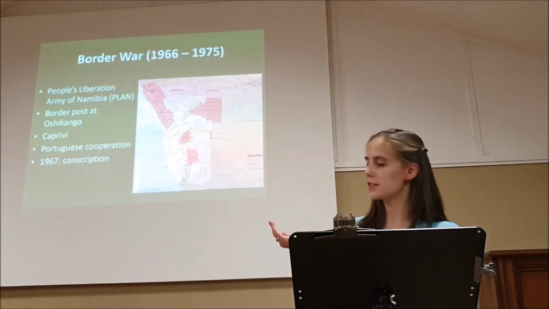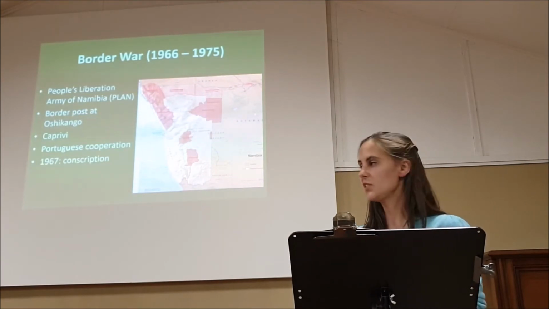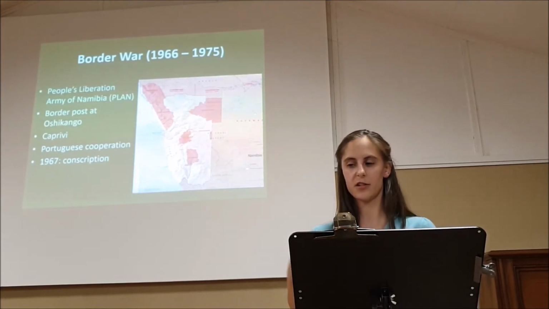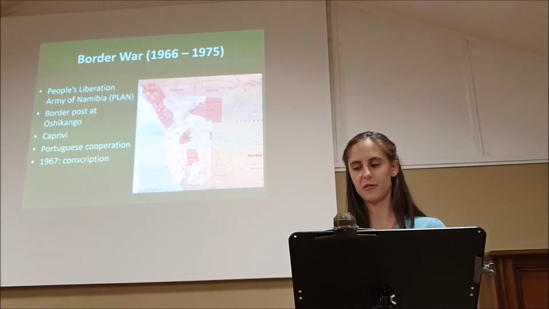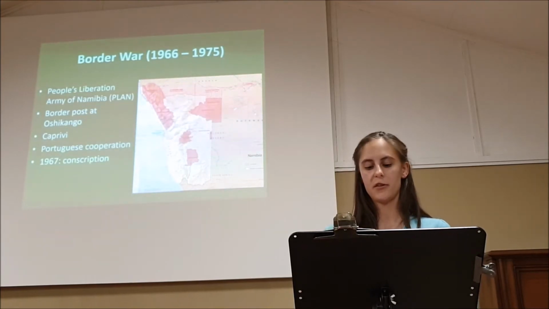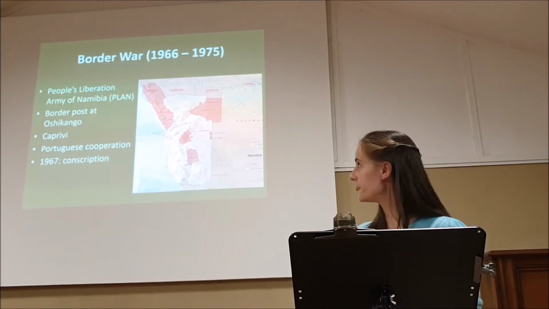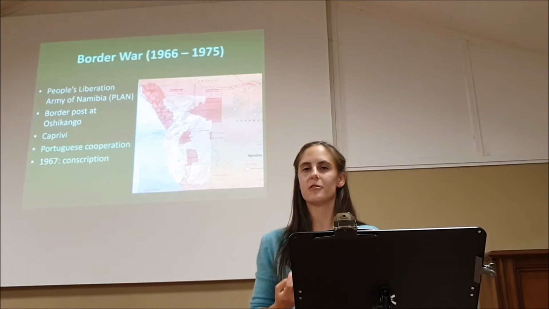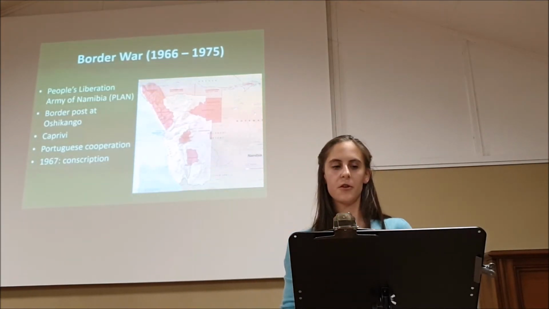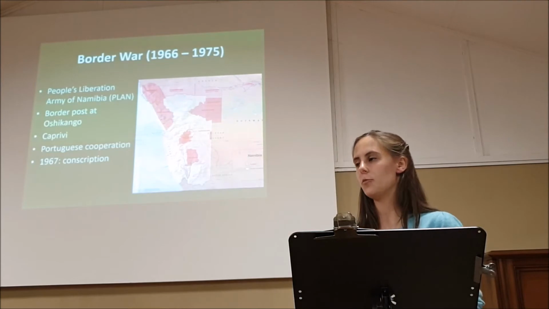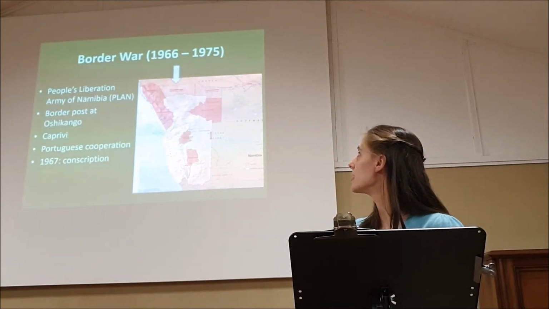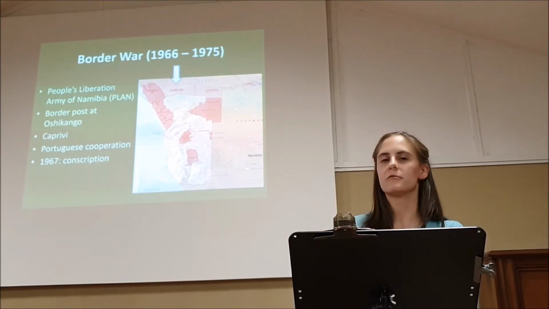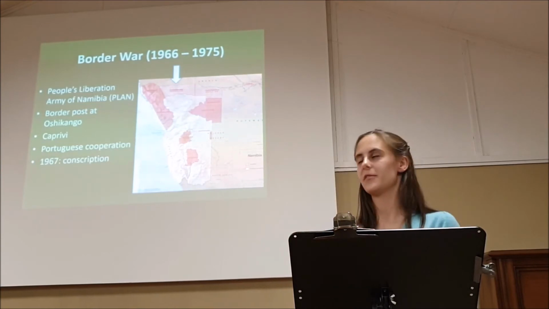The first one would be 1966 to 1975, and it started with Sam Nujoma, the guy that I showed you a few slides ago, establishing the People's Liberation Army of Namibia, or PLAN, and the beginning of the war is considered to have happened with the attack on a border post in Oshikango, which is around here. It is in Ovambo land, which, you know, SWAPO was Ovambo, kind of makes sense.